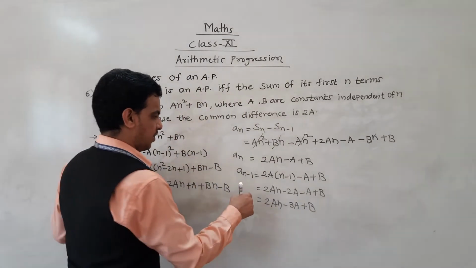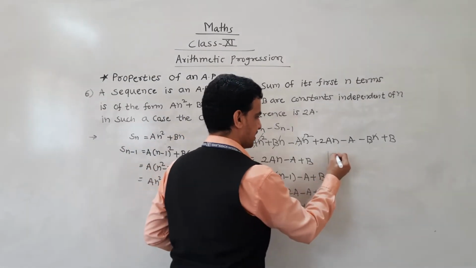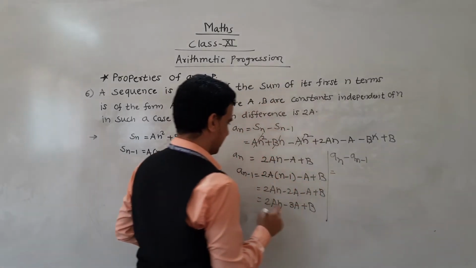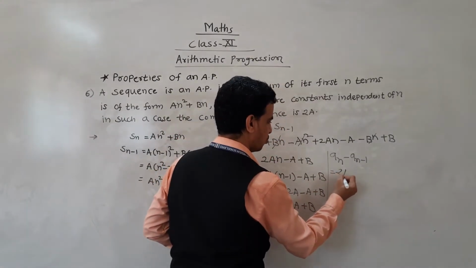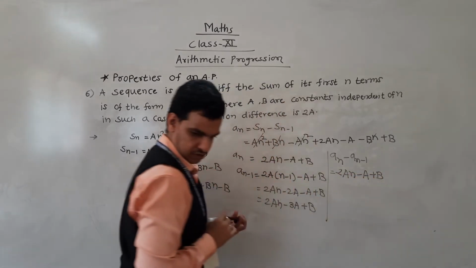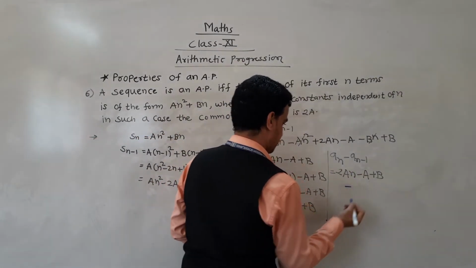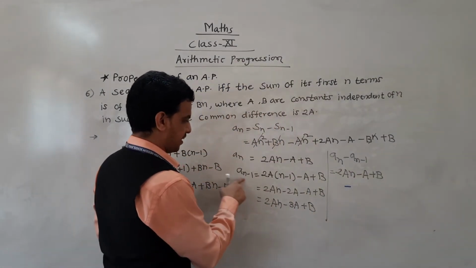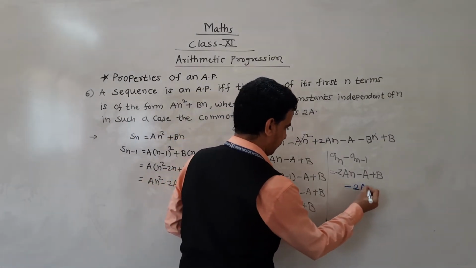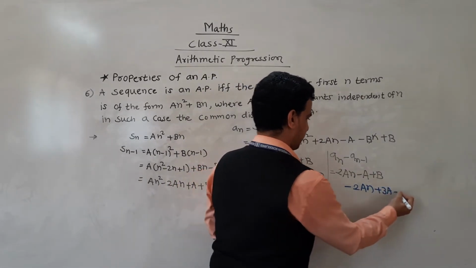Now if we have to find d, the common difference, that is an minus an minus 1. So an is 2an minus a plus b, minus this n minus 1 term. So minus 2an, minus minus plus, that is 3a, and minus b.